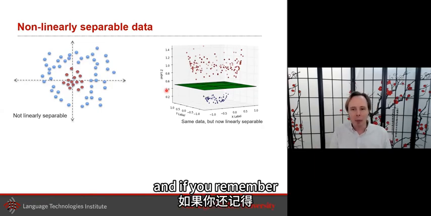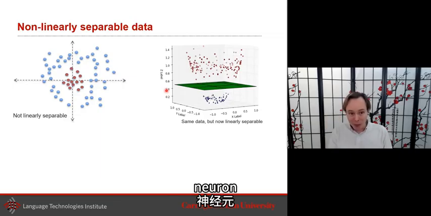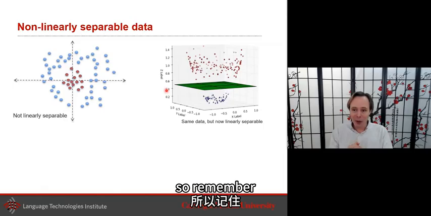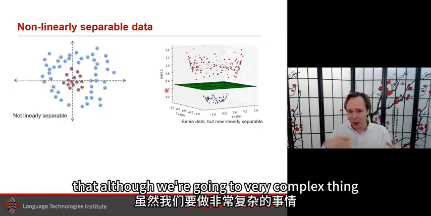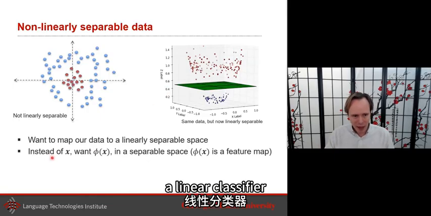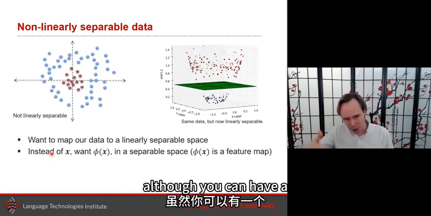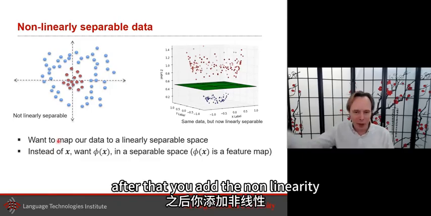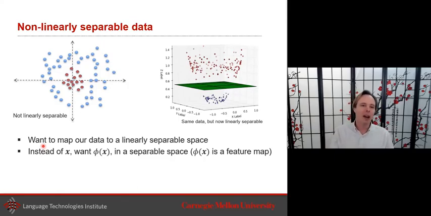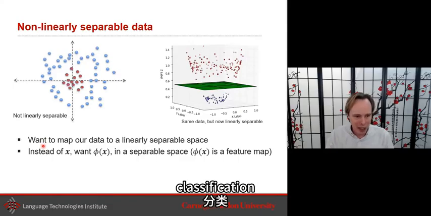And if you remember, a neuron is a linear classifier. So remember that although we're going to very complex things, it is at the end of the day a linear classifier. Although after that you add the nonlinearity, the basics of it is that each neuron is doing a local classification.